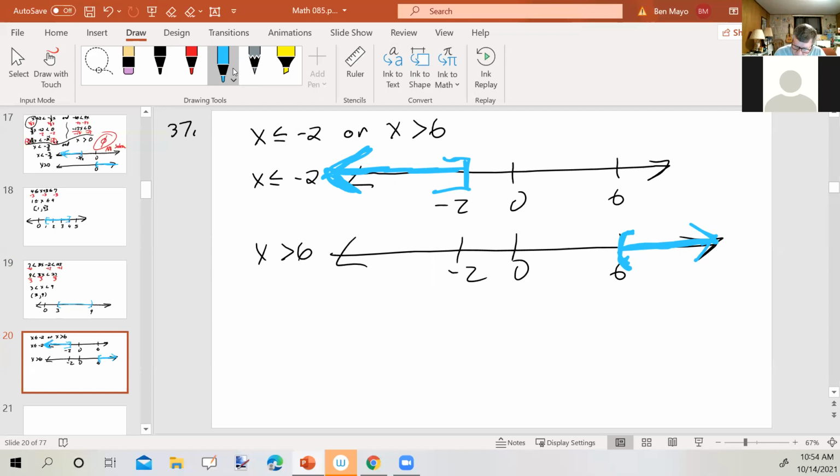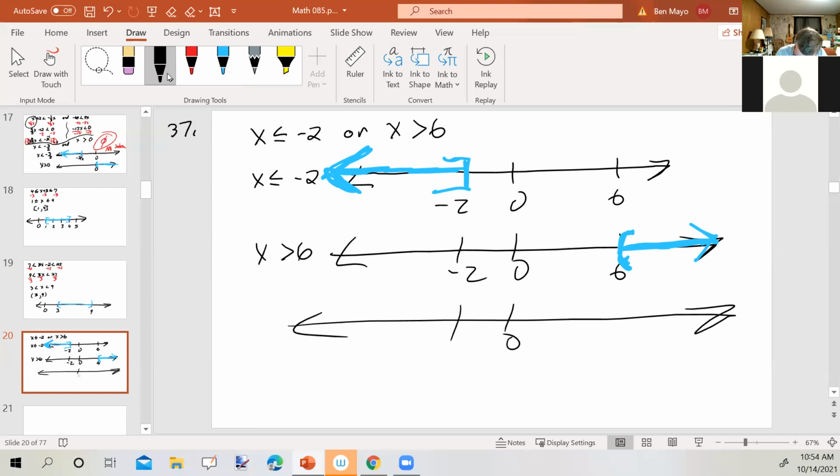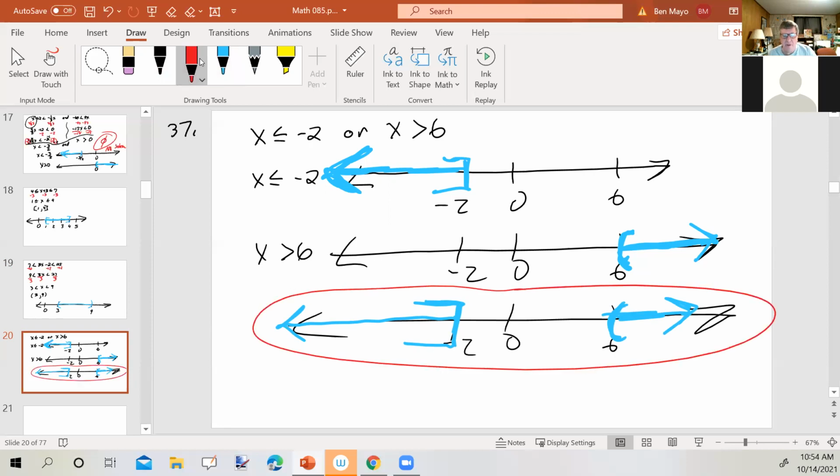So if we want the union of these two, we're going to have this piece, along with this piece. So this would be the graph of the union.